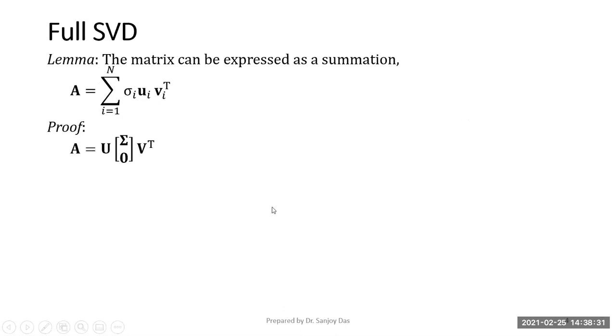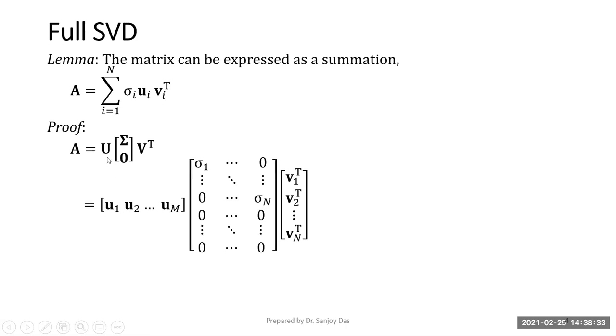Okay, so this is the full SVD. Expressing U in terms of its columns, U1, U2 until UM, and then this is sigma, and this is V transpose. Now I proceed to do the multiplication. If I multiply the second matrix here with this third matrix here, what do I get? Sigma 1, V1 transpose, and everything else gets multiplied by zeros, right?